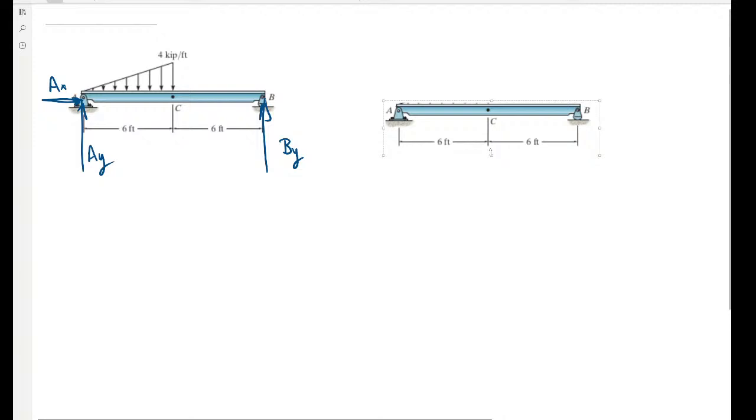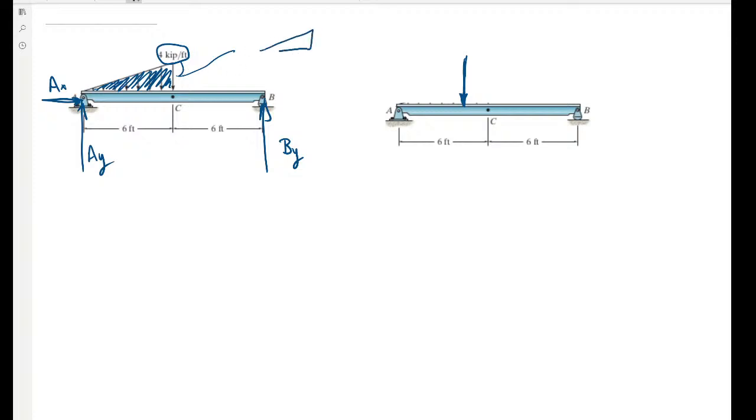I'm going to create an equivalent where this is 4. I'm just going to use the numbers 4. If you look at this area, that is the value of that load, where the right end is 4.